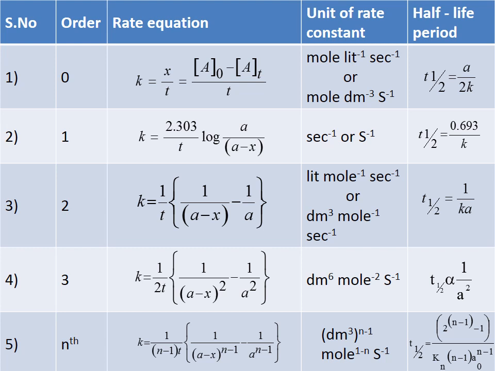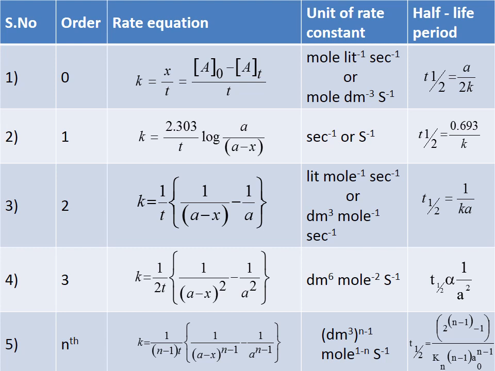Now we are going to discuss some equations, that is, order, rate equation, unit of rate constant and half-life period. Consider the zero order reaction. The rate constant K is equal to x by t, where x is the initial concentration minus the concentration after time t.